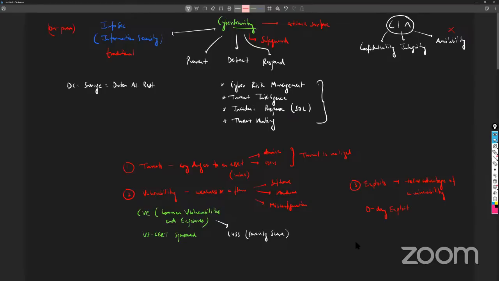That is what we call a zero-day exploit, because no one knew about that vulnerability before that person figured it out. That means this is a first-time attack introduced in the market. That's why it's called a zero-day.